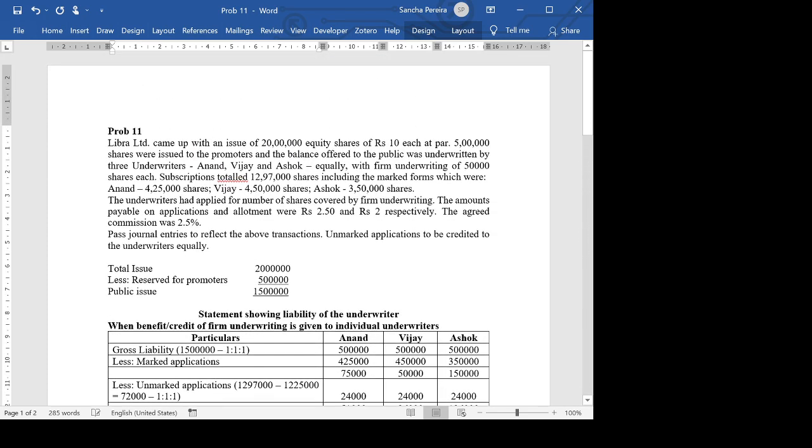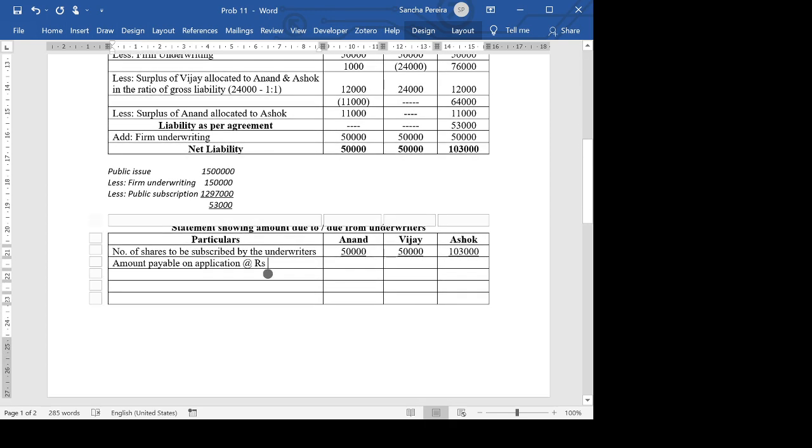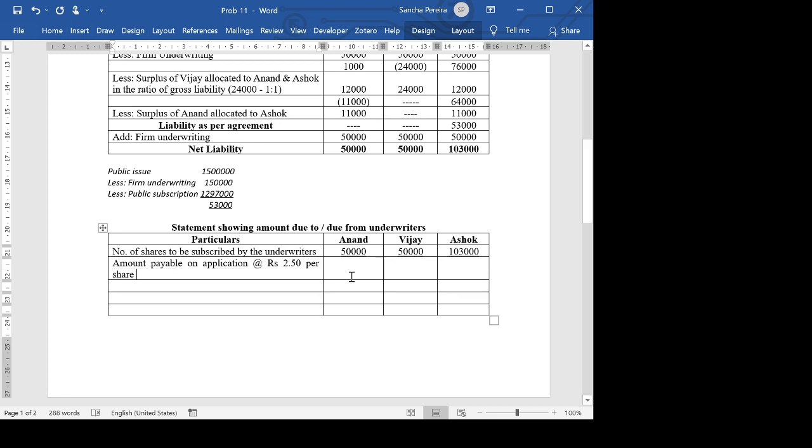The issue price face value of the share is 10, but on application we are collecting rupees 2.50. Right now, we are only concerned with application here at rupees 2.50 per share. So multiply 2.50 with this, and we get 1,25,000.